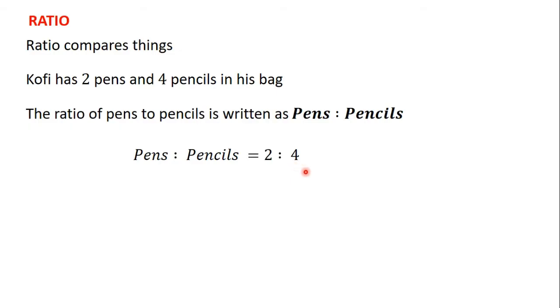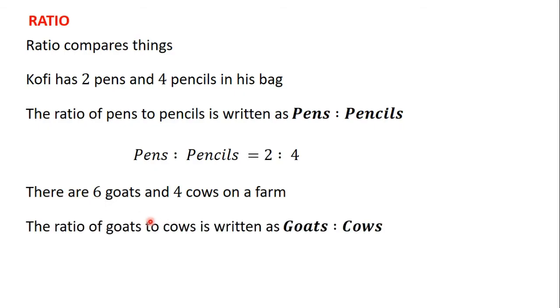Let's consider another example. There are 6 goats and 4 cows on a farm. We can compare the number of goats to the number of cows on the farm. The ratio of goats to cows is written as goats is to cows.